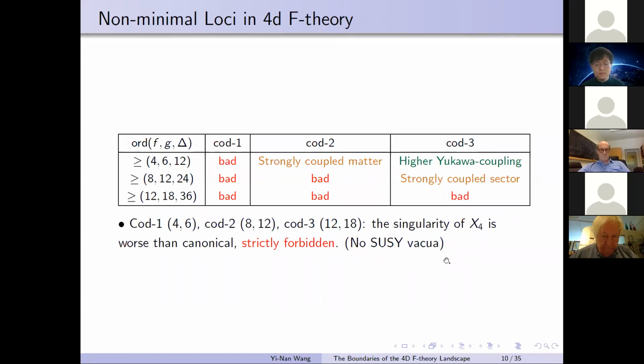For the purpose of this talk, all these cases are strictly forbidden, and also because physically, these geometries do not support any consistent supersymmetric vacuum.